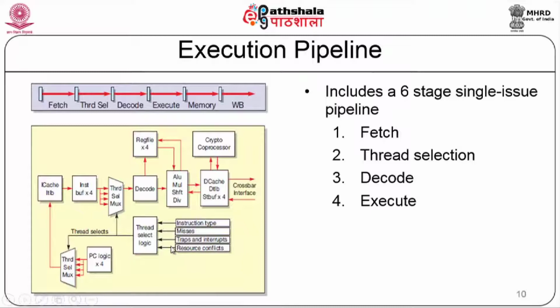Based on all this, the thread select logic selects one of the threads for execution. As you can see here, that information is given to the decode unit. So which instruction goes into the decode stage will also depend upon the thread select logic. At the same time, that information is also given to the instruction cache from which the instruction is fetched.